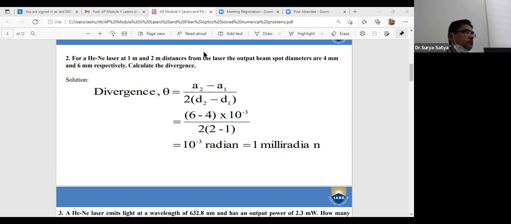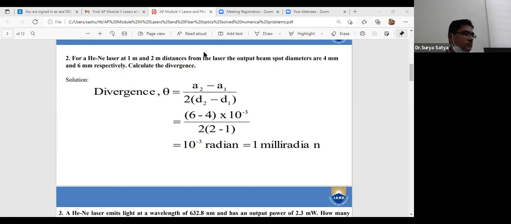So combining these two, refractive index and the modes, we have types of optical fibers: single mode step index fiber, multi-mode step index fiber, and multi-mode gradient index fiber.